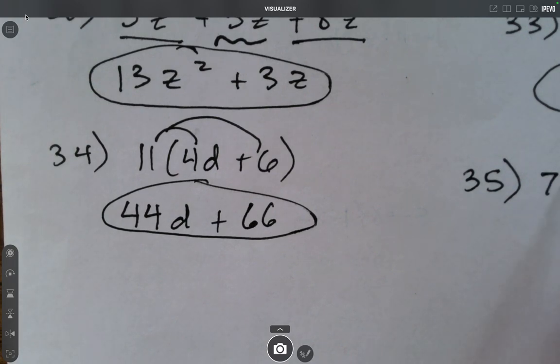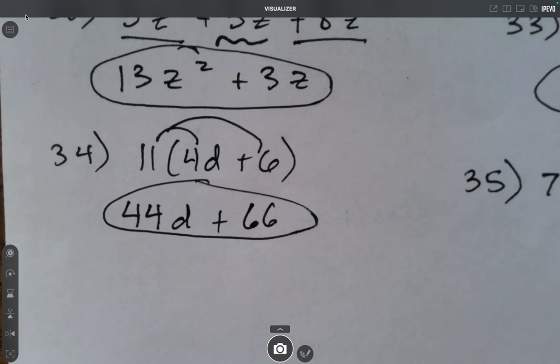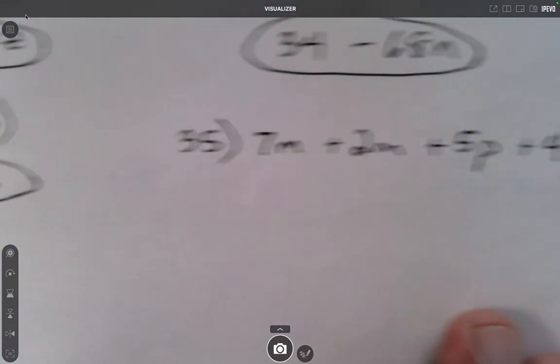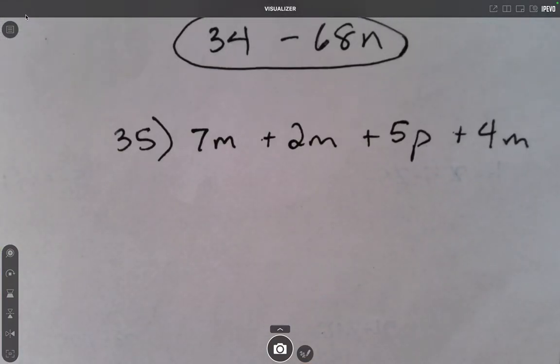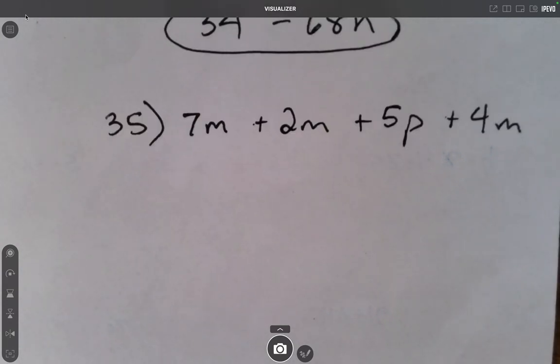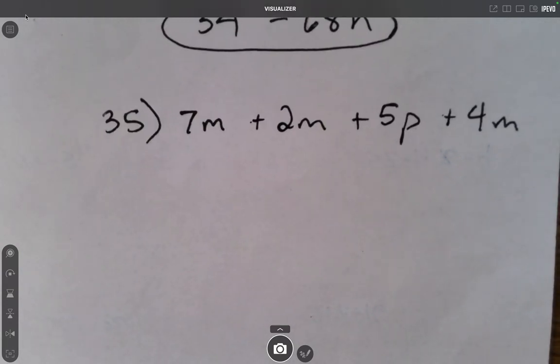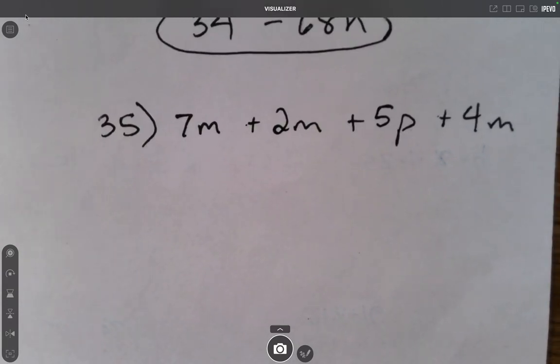Okay, on 35, we're back to combining like terms. 7m plus 2m plus 5p plus 4m. So we're looking for like terms. Those are the ones with the same variable pattern.